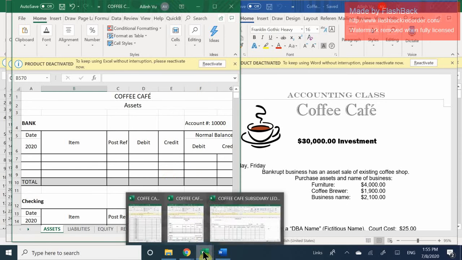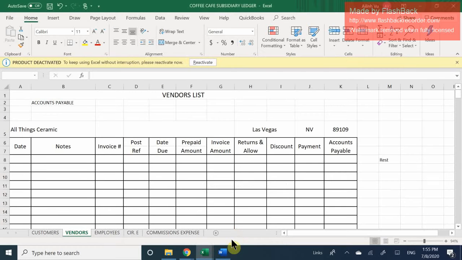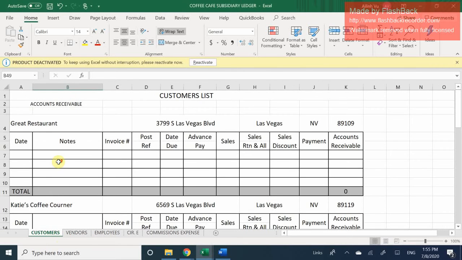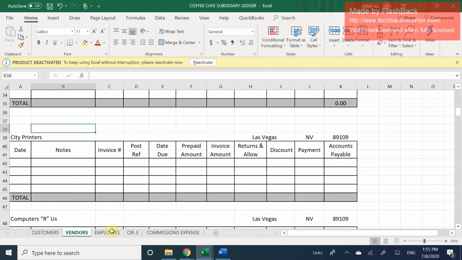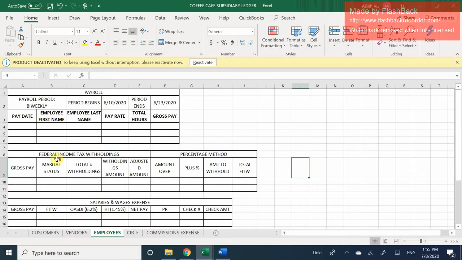The last batch I want to show you is your subsidiary ledger. This is going to be the list of all of your customers, a list of all of your vendors, and a list of your employees. That's all you need to have right now.